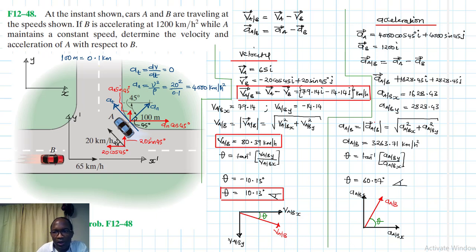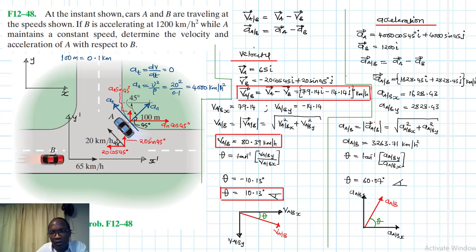I do include the units, so let me put an equal sign there, and then kilometer per hour squared. This is better, I think. I create a little bit of space.